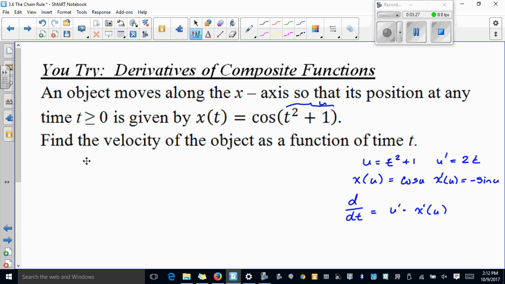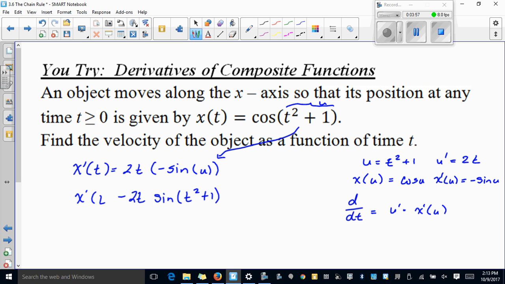But you've got to make sure you put that substitution in there. So this is negative 2t sine, and my u value is t squared plus 1. So there's x prime at t. And that's where this negative comes up, right here. So you can see that the inside is never going to change. You're just going to do the derivative of it.